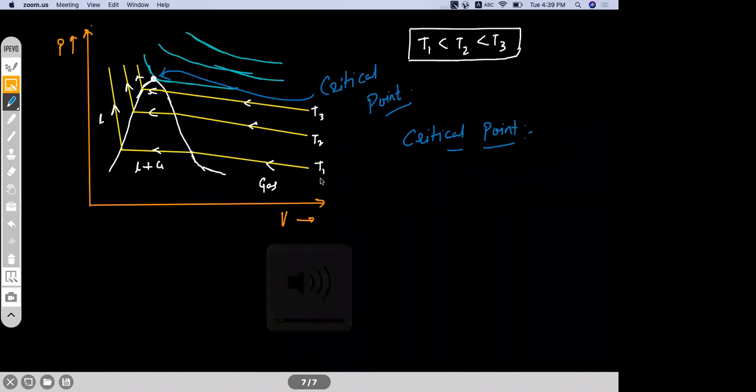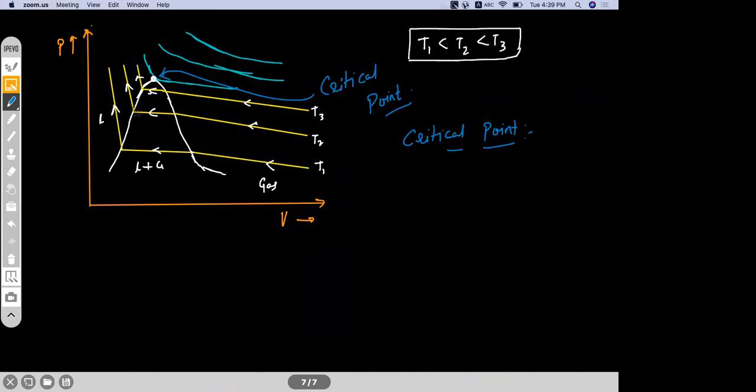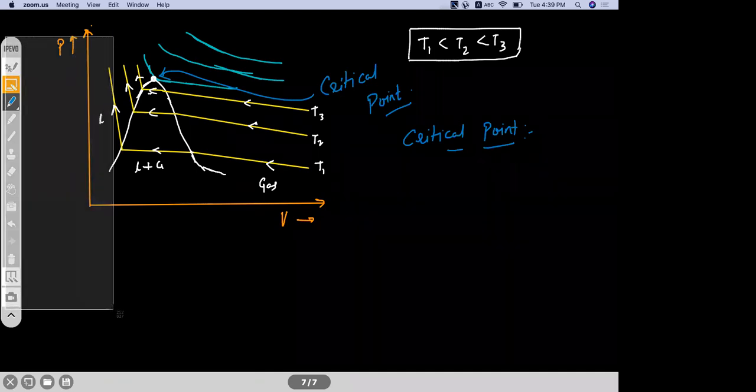Okay, we can also define this the other way, like the condition above which the liquefaction of gas is not possible. Both ways we can define.